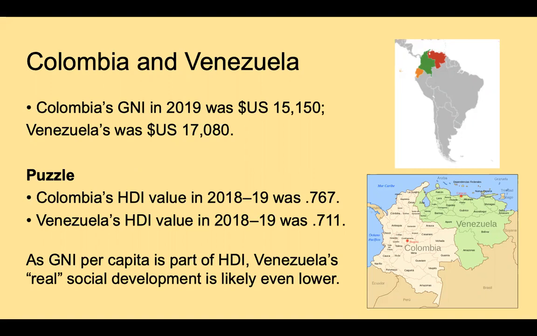And so the puzzle is, why is it that a poorer country, technically speaking, Colombia, has a much higher human development index? And when you consider, moreover, that GNI per capita is already part of HDI, Venezuela's real or actual social development is likely to be much, much lower than even what appears in this number here. And so this is a puzzle.